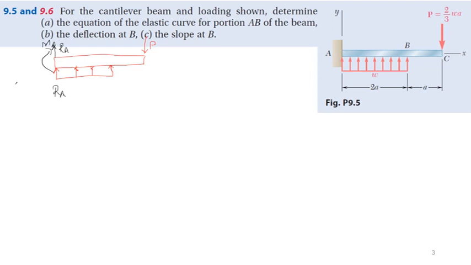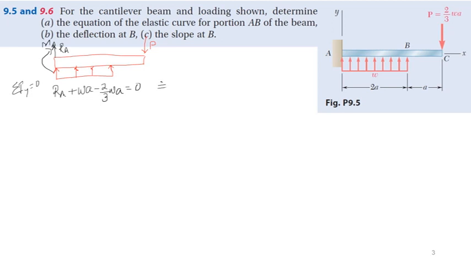So we can write the sum of forces in the y direction equal to 0, taking the y direction as vertical and upward positive: RA plus wa, that is the concentrated force, minus 2 by 3 times wa, must be equal to 0.